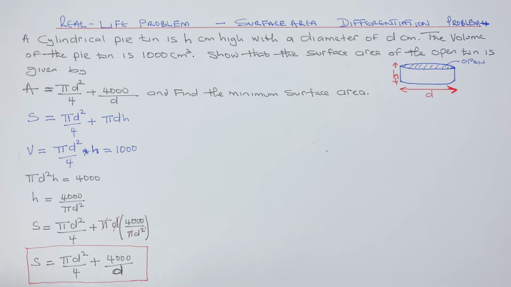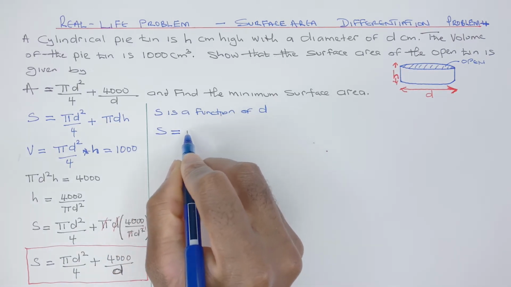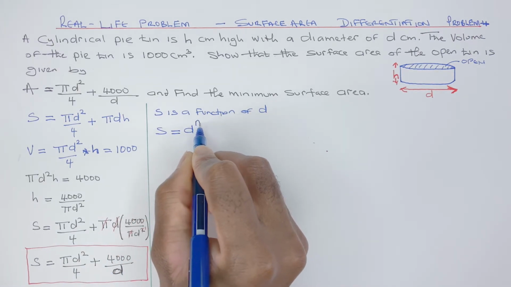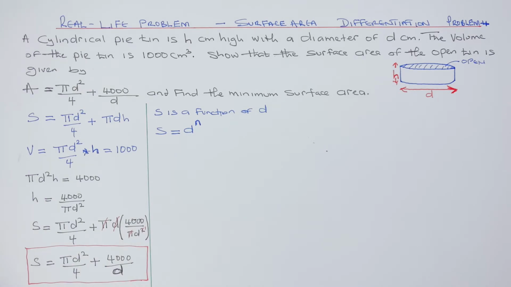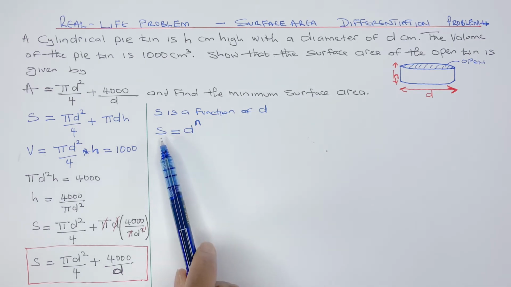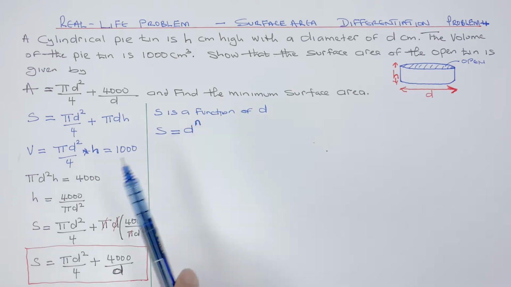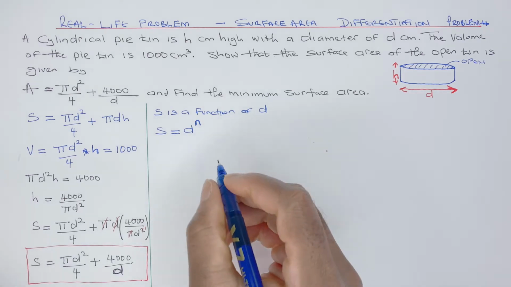Surface area is now a function of d. What that means is S equals d to the power of n. If we're going to apply differentiation, S is a function of d, then we have to write the function in terms of S equals d to the power of n. Therefore, we can apply the derivative here.